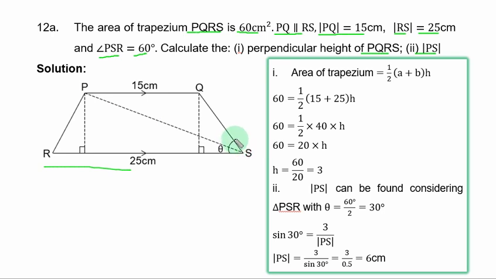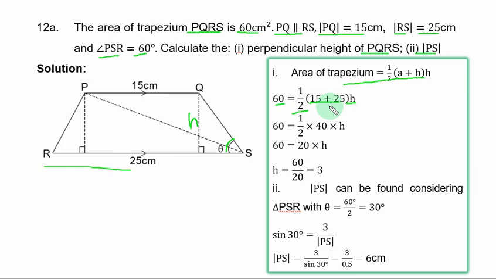From the question, the whole of this angle is 60 degrees, but let's try and get the height first. From the area of trapezium, you can get the height. Area is 60 equal to 1/2 sum of parallel sides times height.